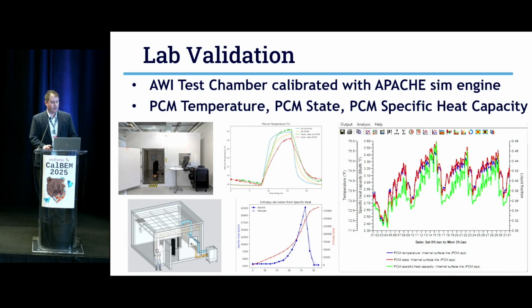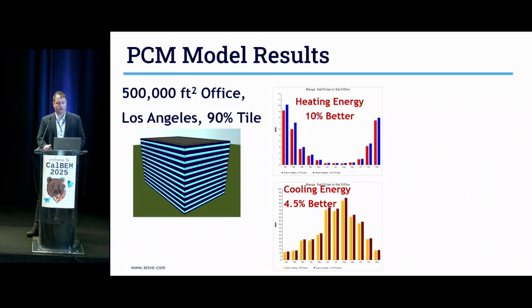Here's a photograph on the left-hand side of the lab chamber condition that was tested with real-world conditions and calibrated against the Apache simulation engine, and they are in strong agreement on the results. For an example model, I'll use the large office prototype in LA. This is a Title 24 compliance model, both with and without the PCM tile, covering 90% of the ceiling spaces.